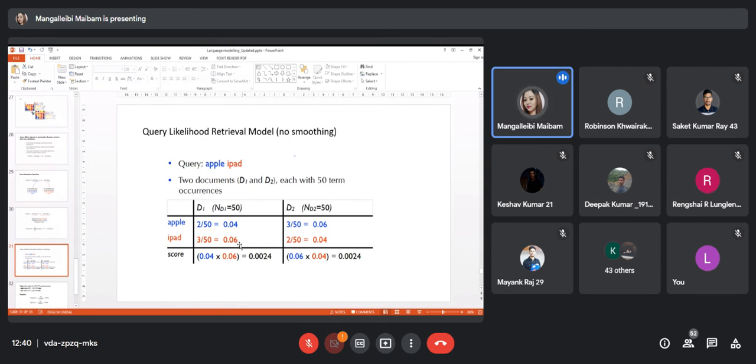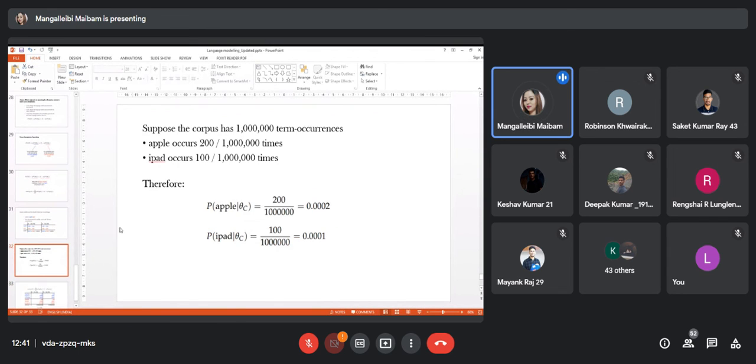So this may be quite confusing. The score for Apple is 0.0024, and the score for iPad also gets the same value. That's why we use linear interpolation, which has smoothing built in, while this normal one is without smoothing.